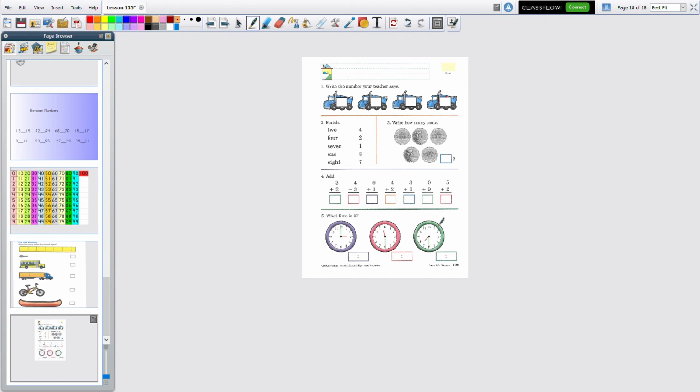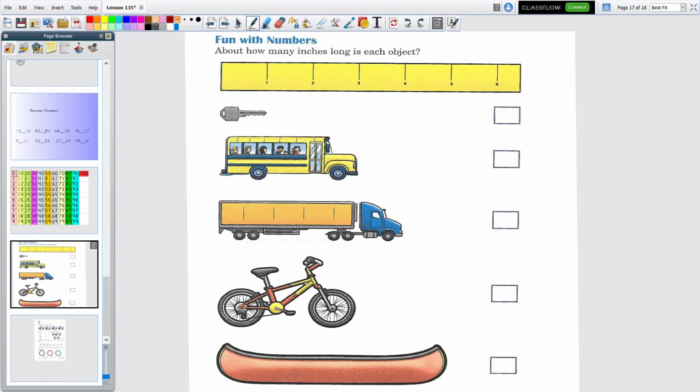So I want you to do all of these very carefully, and be sure to put your name at the top. Don't write in this box because that's my box to write in. Okay, so do your best work, and when you're finished with the front, turn it over to the back and do the back just for fun.